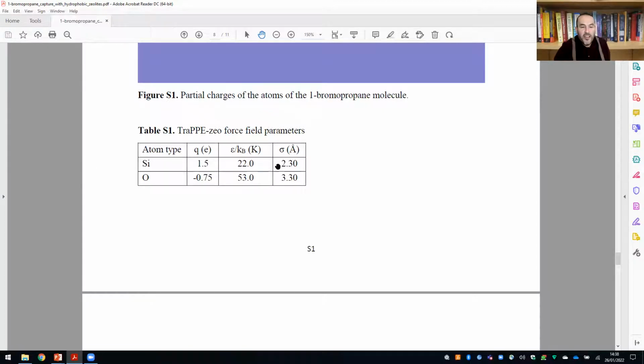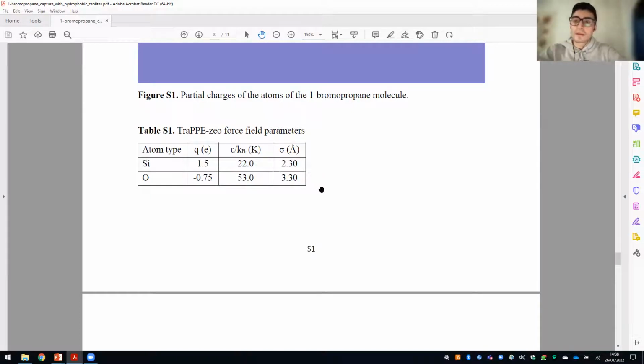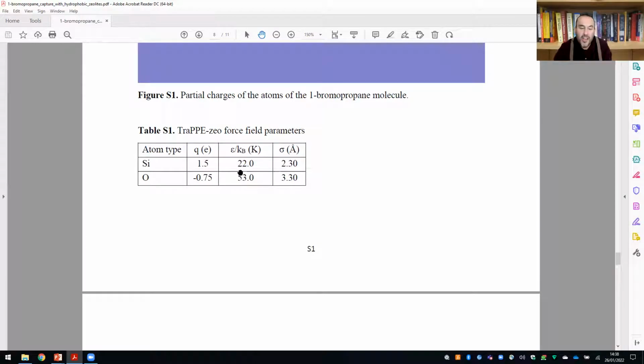For instance, to compute the interaction between silicon and oxygen, the sigmas sum to 5.6, and you divide this by 2, so 2.8. For epsilon, you multiply the epsilons and then take a square root, to find the interaction between two different atoms. So that hopefully answers your question and more.